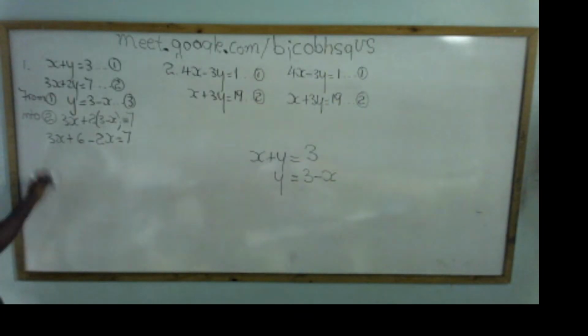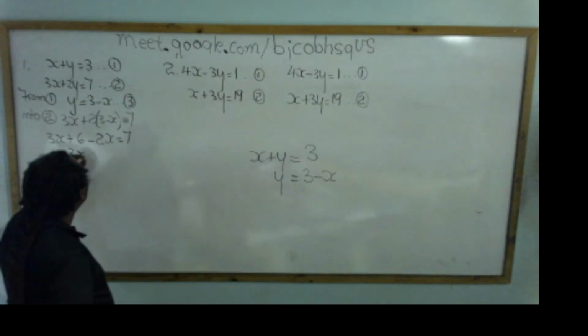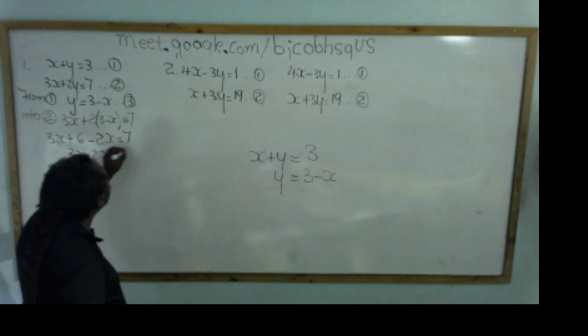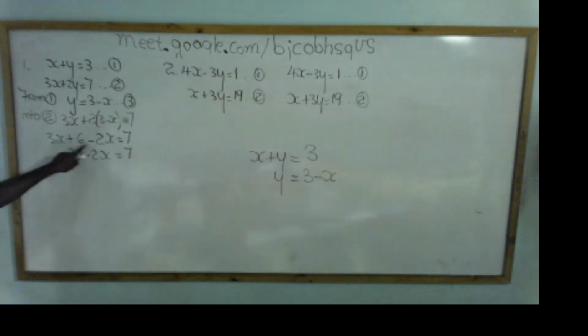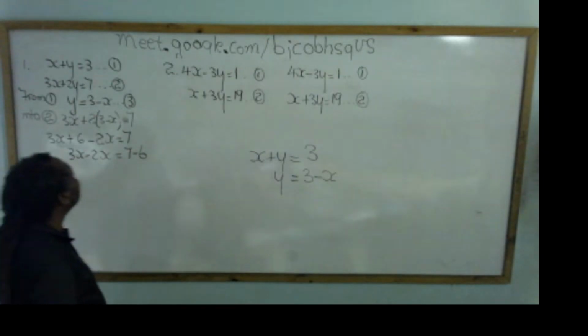So we have 3x minus 2. Maybe we could put that together in another step. 3x minus 2x is equal to 7. Notice that we have the 3x, we have the negative 2x, we have the positive 6 that we have not accounted for. We're going to eliminate this positive 6, and we're going to do that by subtraction. So we minus 6.